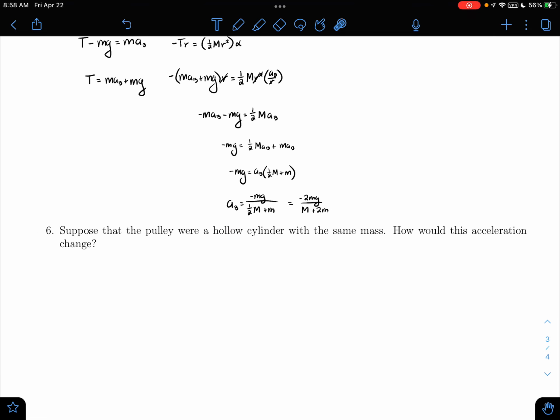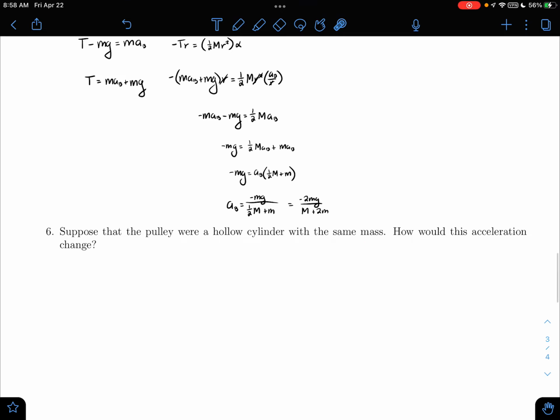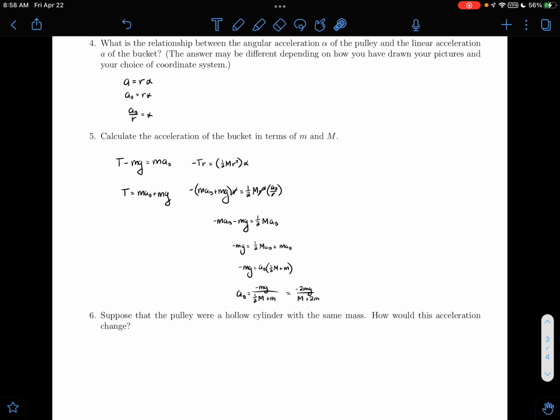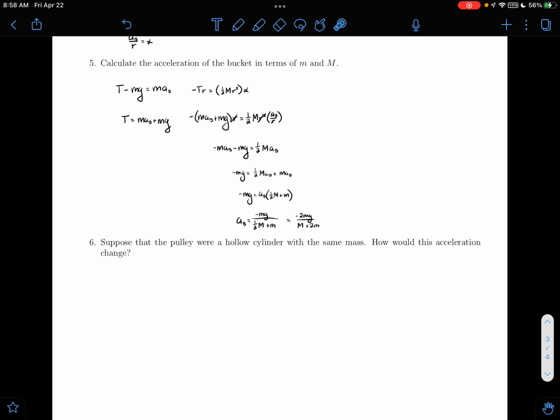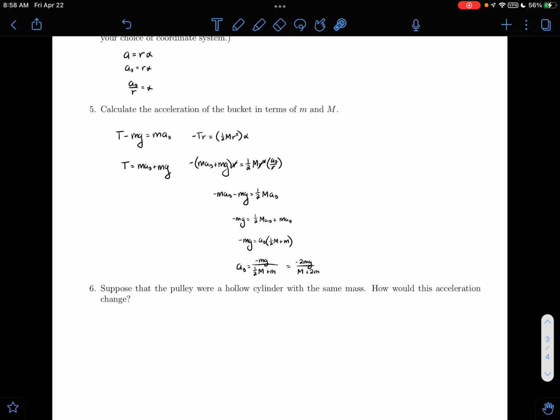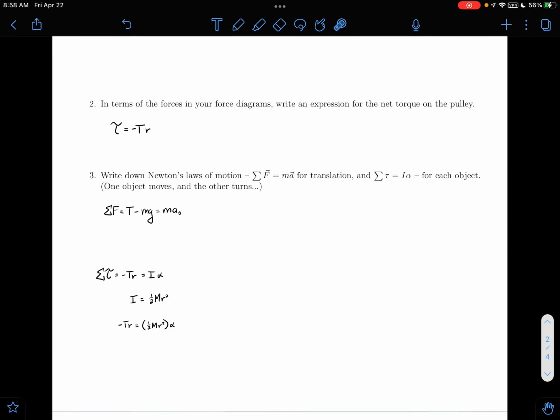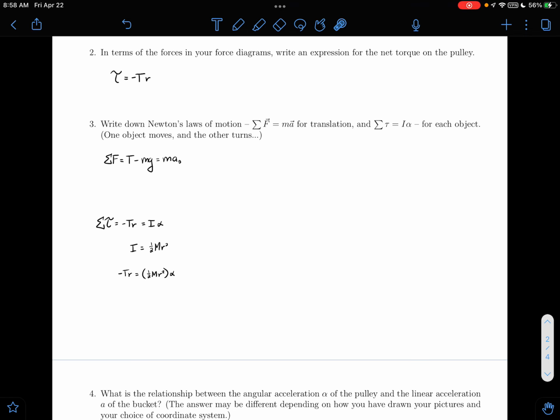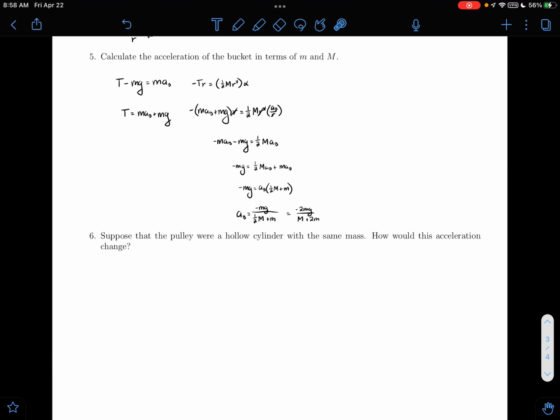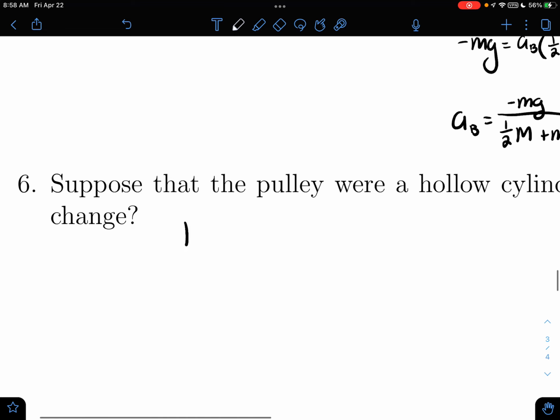But now we have to suppose that our pulley was a hollow cylinder with the same mass and the same radius, I assume. Right? Now we have to figure out what the acceleration would be now. So the only thing that changes with the hollow cylinder is our I value. So what we can say is I equals lambda times m r squared.